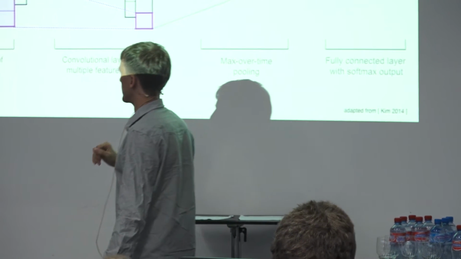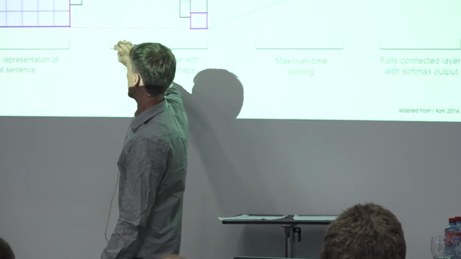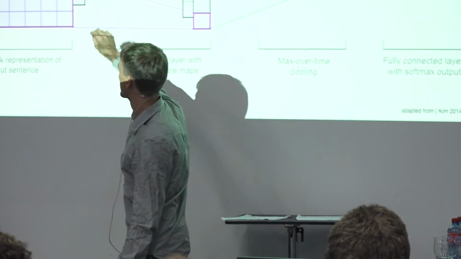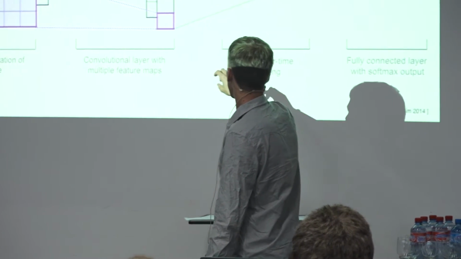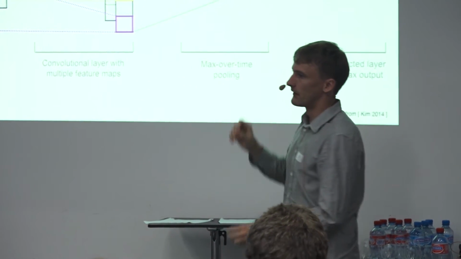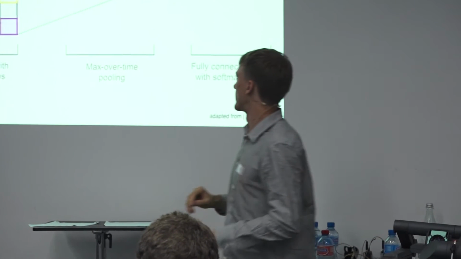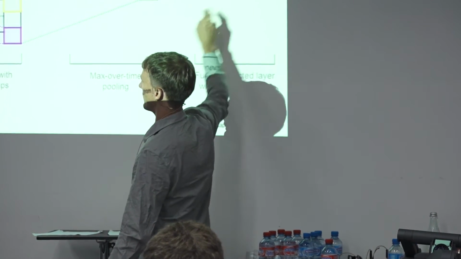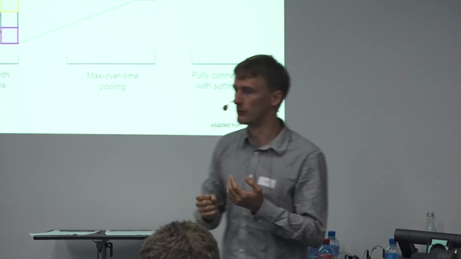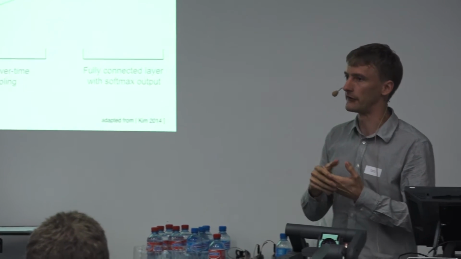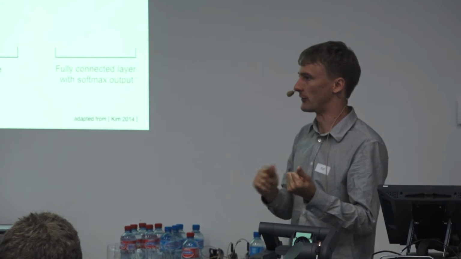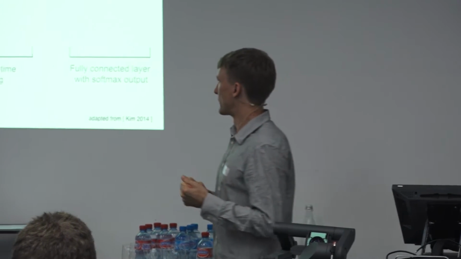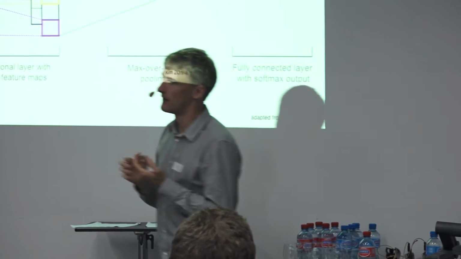The training consists in finding the best weights for these linear functions and finding the best weights at the end, where we transform this representation. So here is a representation of the entire text, and then one goes into a linear classifier, say, to answer your final task, like is your text positive or negative. So how can you find the weights here and here?